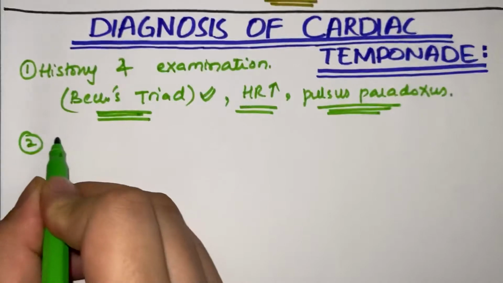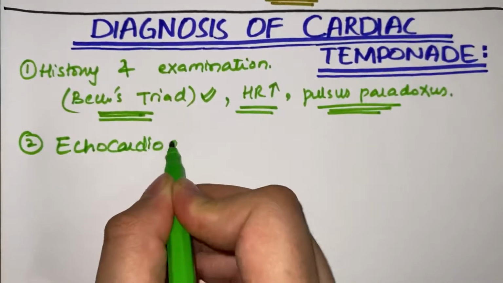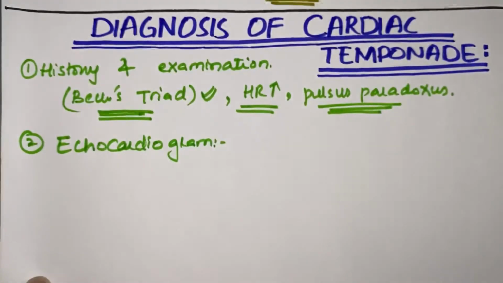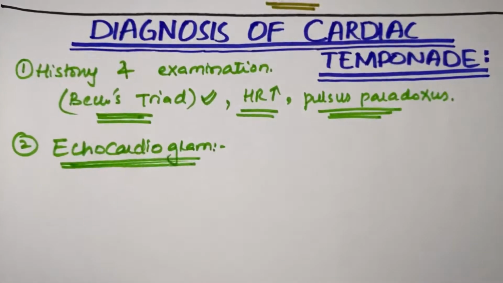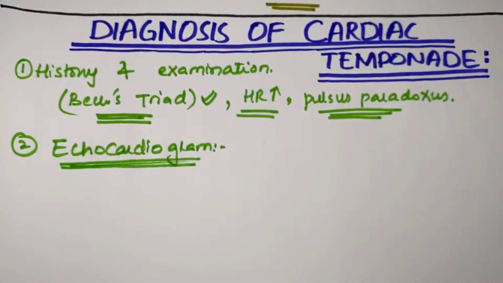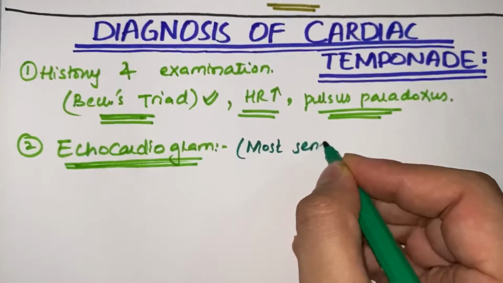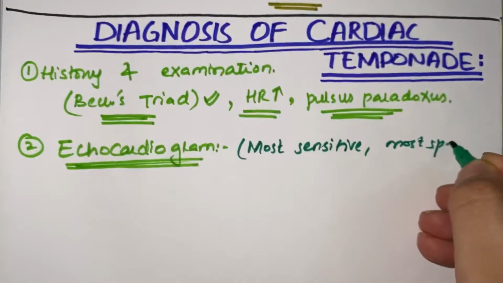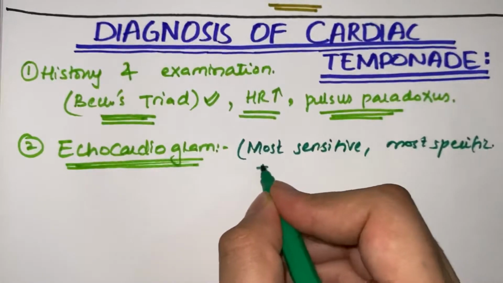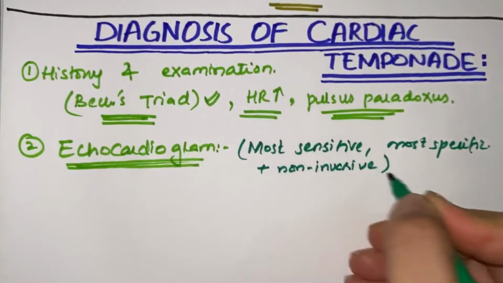Now the second investigation is the echocardiogram. It's a very important point that echocardiogram is the most sensitive, and I'll tell you why, and most specific, plus non-invasive test to diagnose cardiac tamponade.